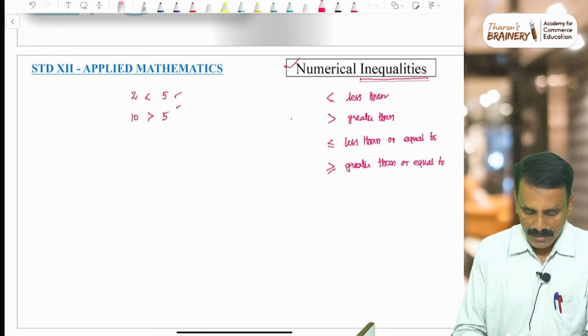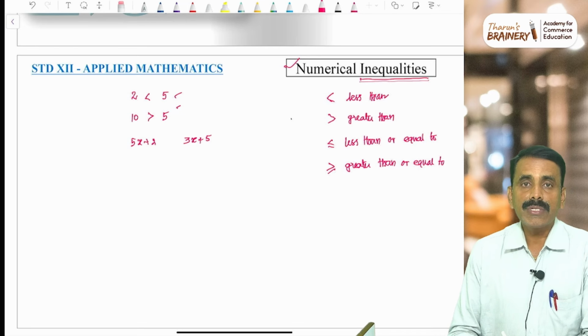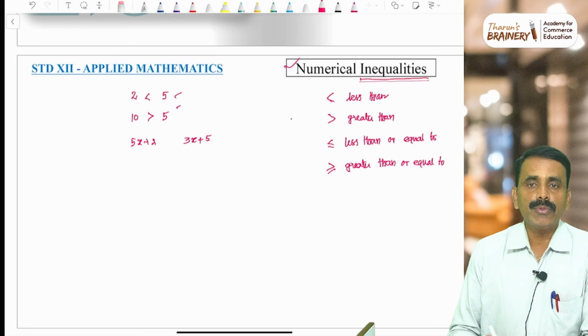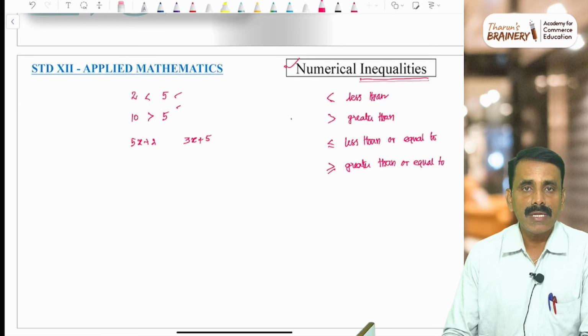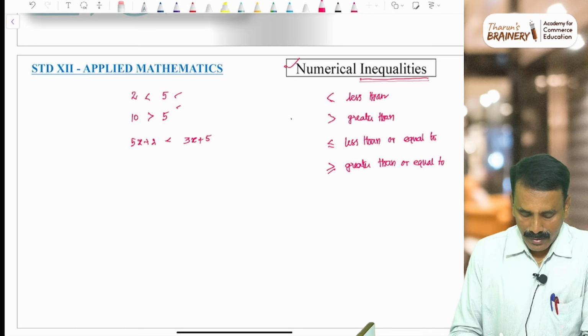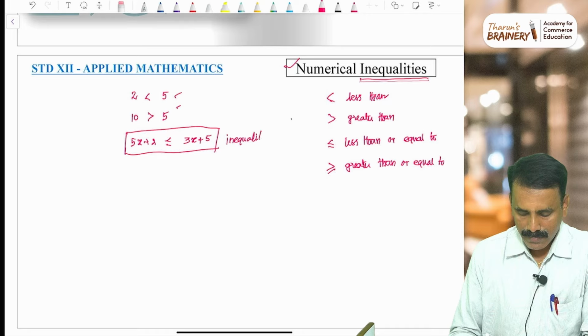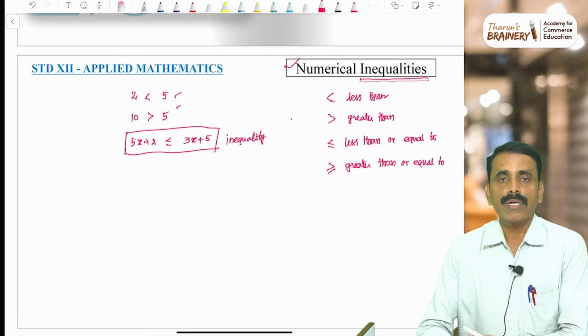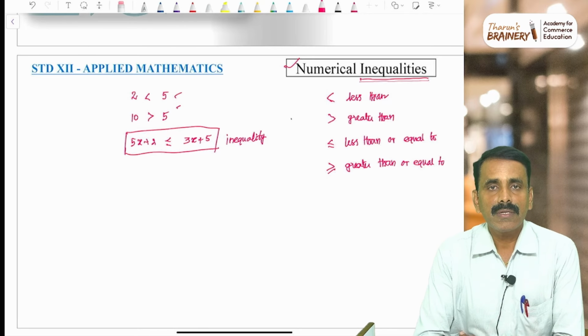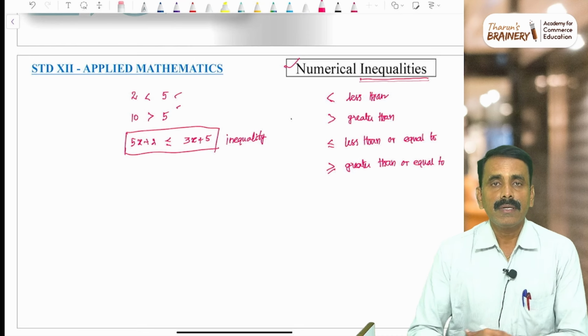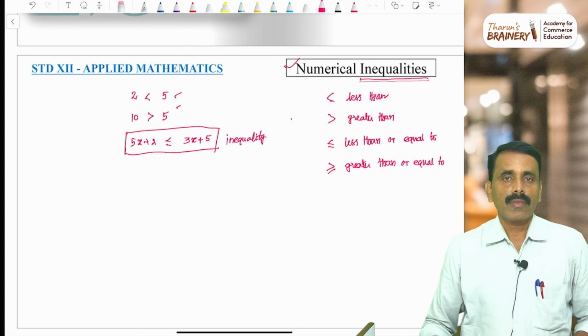Suppose if you have an expression 5x plus 2 and another expression 3x plus 5, instead of using the equal to symbol, if I am going to use any one of these 4 symbols, less than, greater than, less than or equal to, greater than or equal to, then we call this as inequality. So we are going to study about these expressions with these 4 symbols, and we are going to find the solution. Okay.